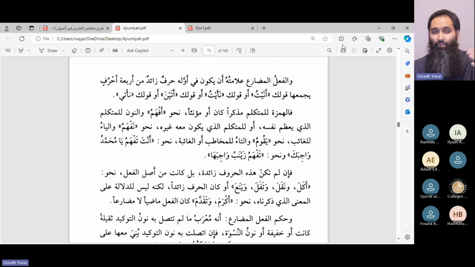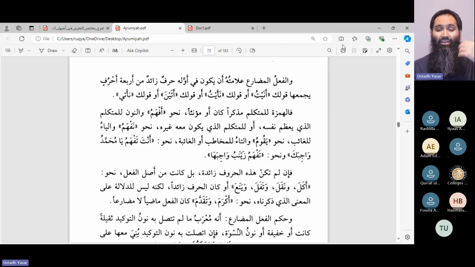This is fi'l madi ruba'i. And this hamza is there, it is zaida, because this is from karam. The asal, the original verb is karam. The masdar for the original word is karam, yes?